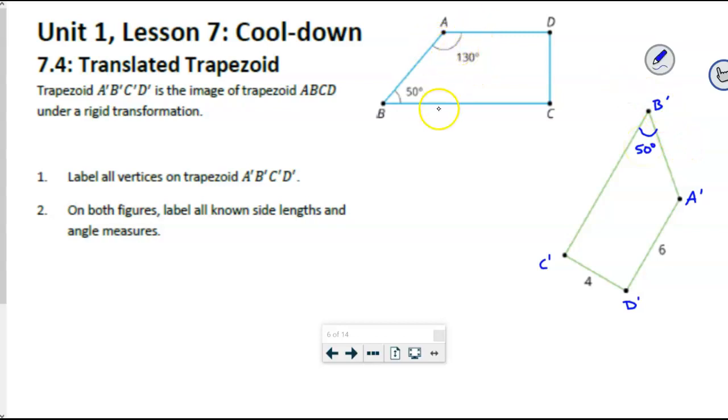A is 130 degrees, so A prime is going to be the same because it's a rigid transformation, 130 degrees. But notice in our new figure, this side length, C prime D prime, is a length of 4. So the original CD is also going to be 4. A prime D prime is labeled to be 6. So going back to the original, that means AD is going to be 6.